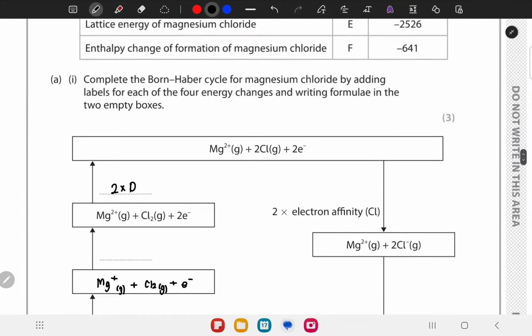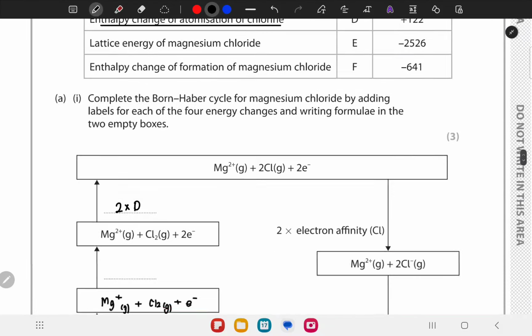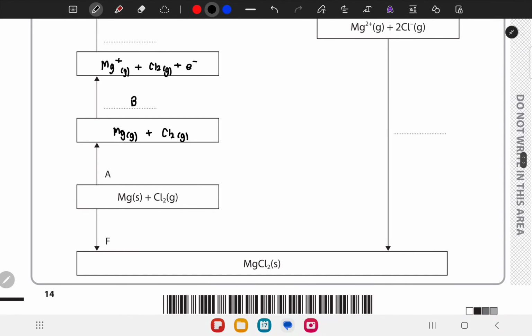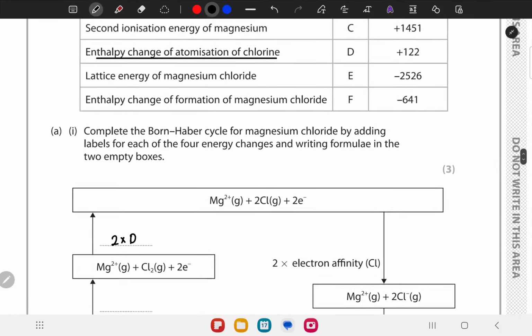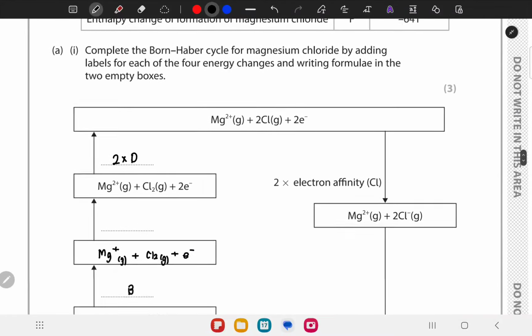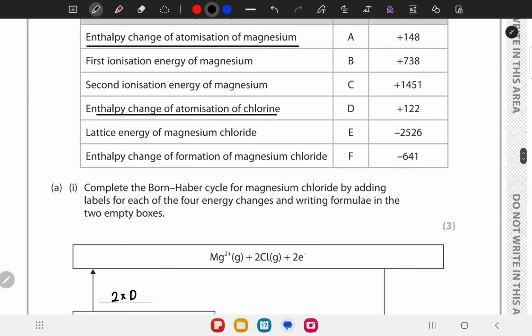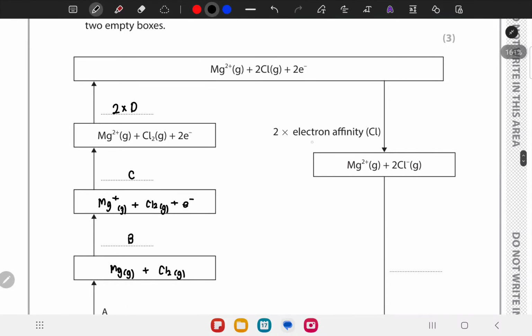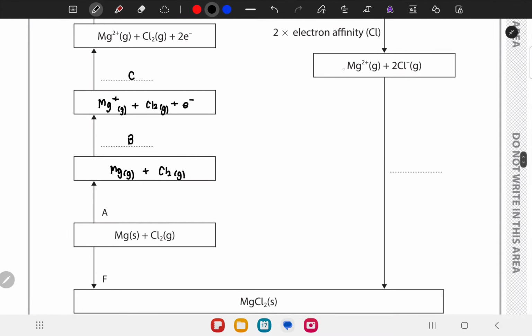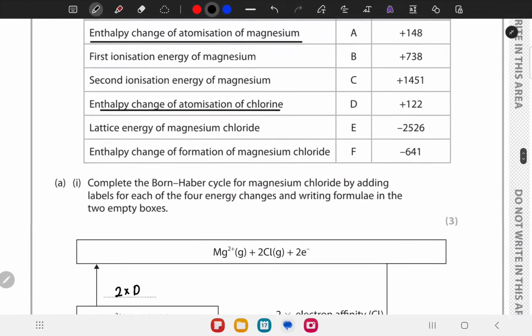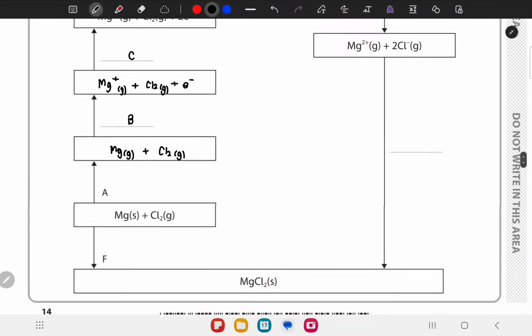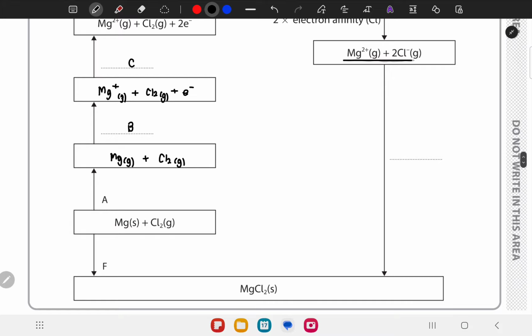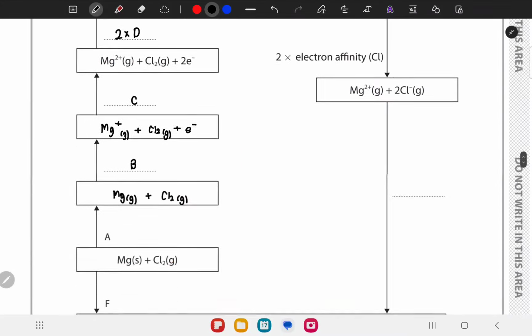This is the first ionization energy of magnesium, which is B. And then we have the second ionization of magnesium, which is C. Then we have twice the electron affinity, and this is the lattice energy. So when we go from magnesium 2 plus plus 2Cl minus to magnesium solid, this is the lattice energy, which is E.